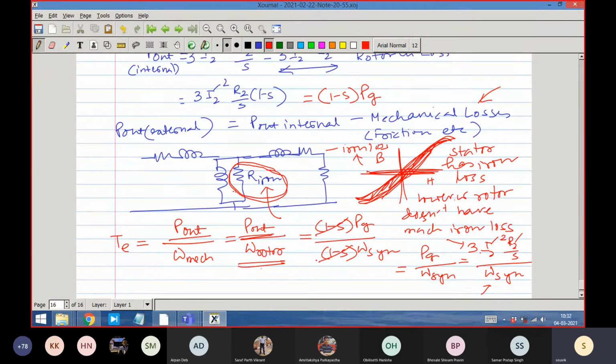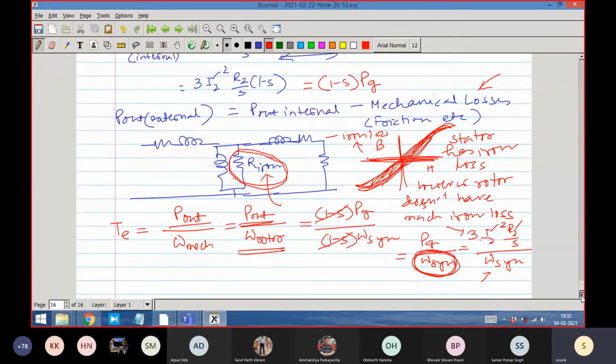These two cancel, so this becomes PG by omega synchronous, not mechanical. Synchronous speed is the speed of rotation of the magnetic field. Omega rotor is the mechanical speed of rotation of the rotor, as we have defined.